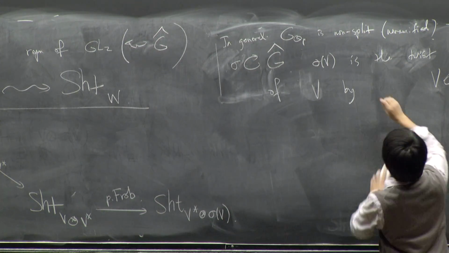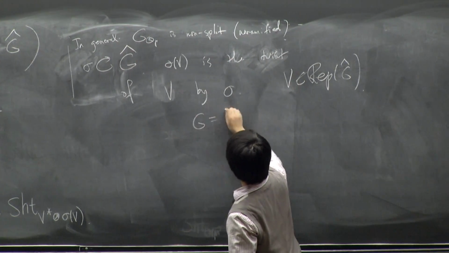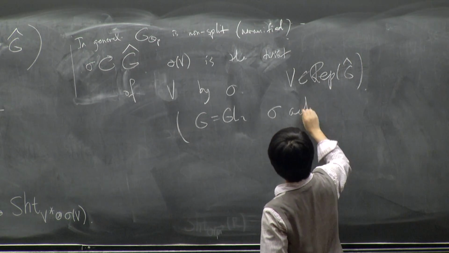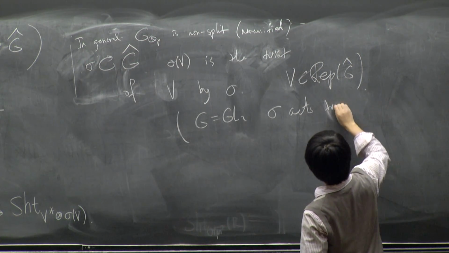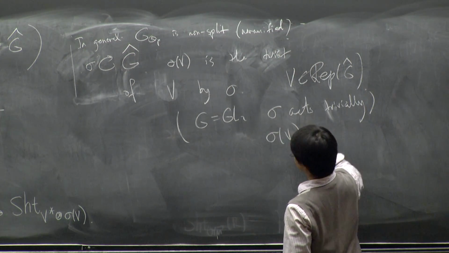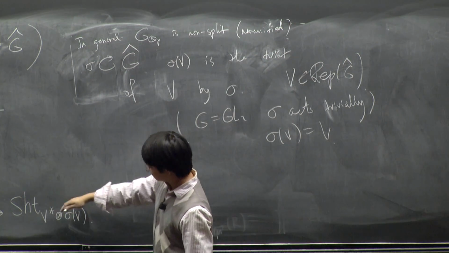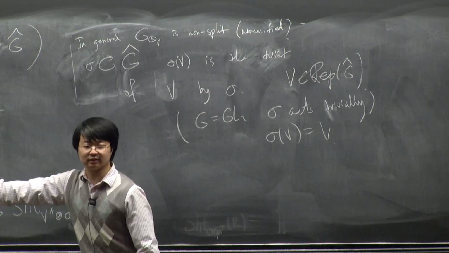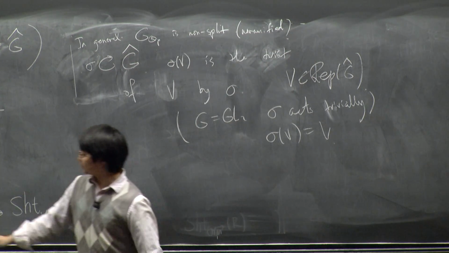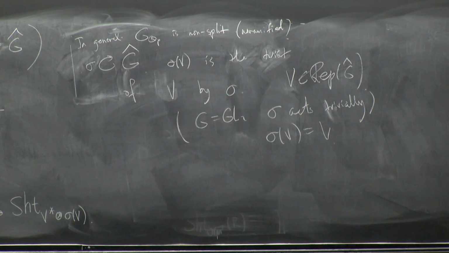So in the split case, G is GO2, sigma acts trivially. So sigma V is just V. Nothing happens. But in general, you can even do it in complete generality. Partial Frobenius is really a map from the Stuka of type V tensor V star to Stuka of type V star tensor sigma V.